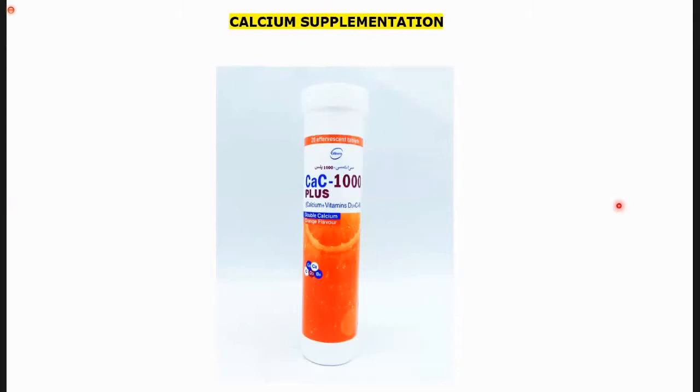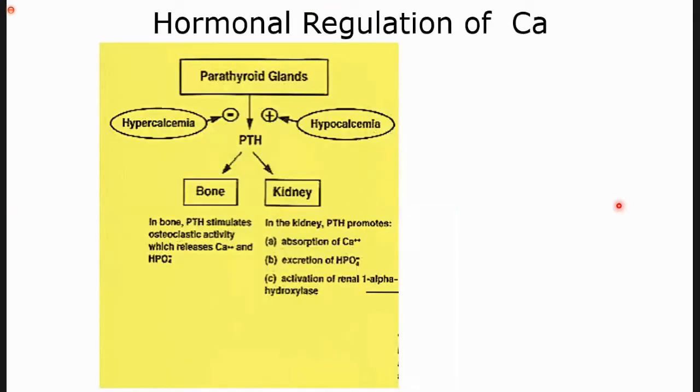Now, coming back to the hormonal regulation, how the calcium level is maintained. We have discussed that the parathyroid gland secretes parathyroid hormone, which acts on both bone and kidneys. If the parathyroid gland senses hypocalcemia, it will activate the release of parathyroid hormone.